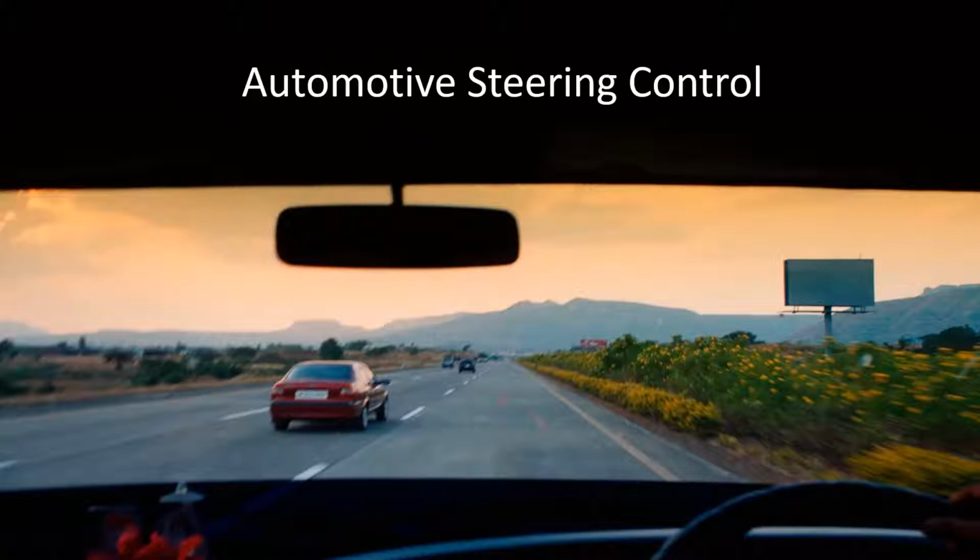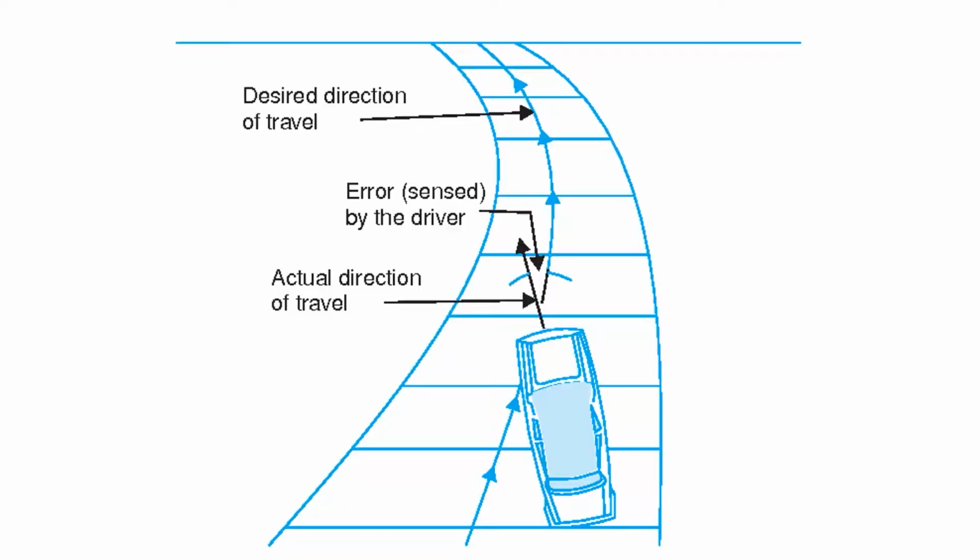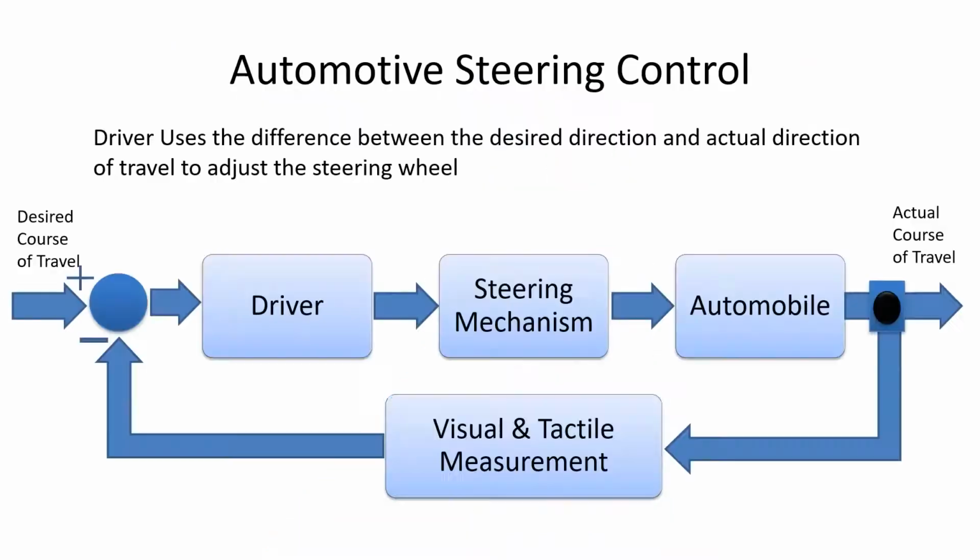So in this vehicle steering system, the desired course of travel is the white line, and the driver steers the steering mechanism using the steering wheel, thereby changing the direction of the automobile.